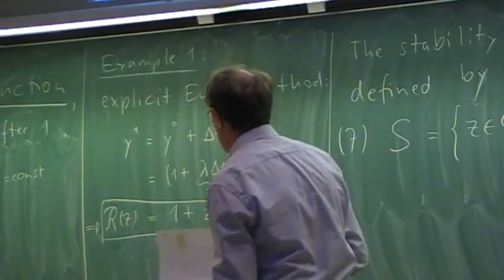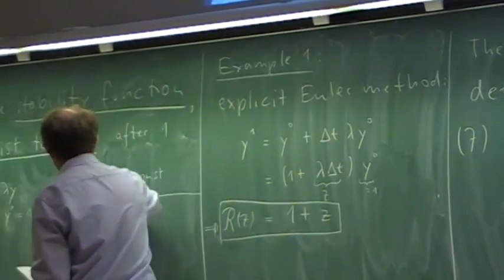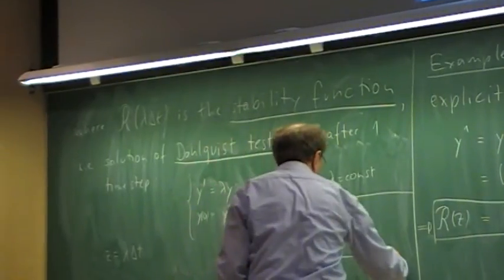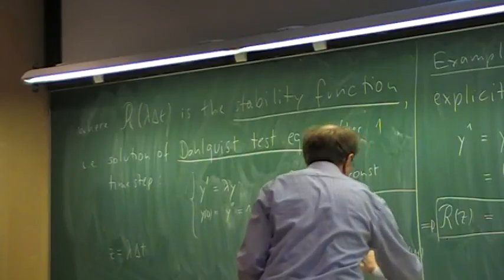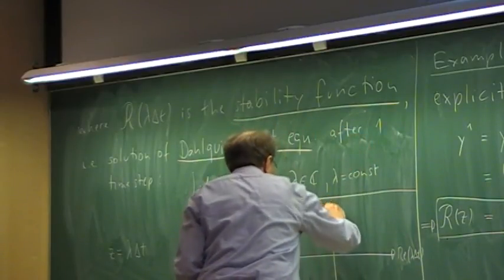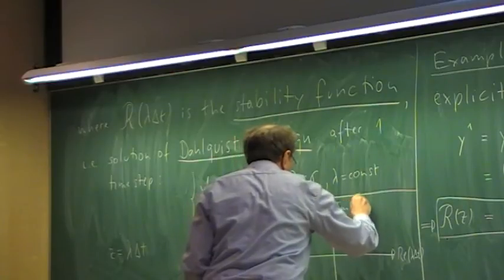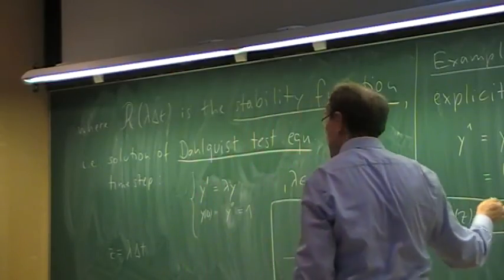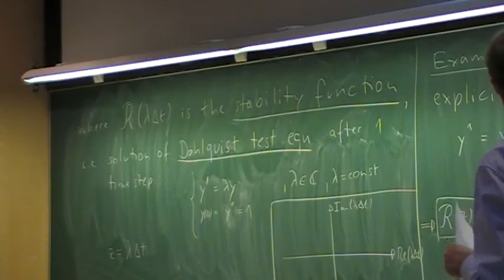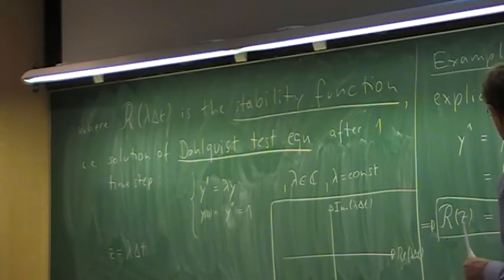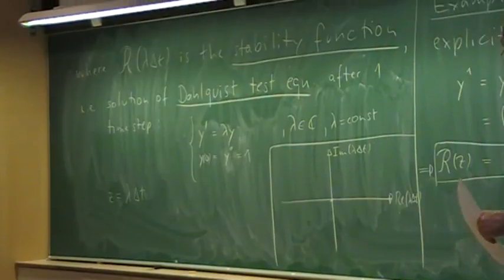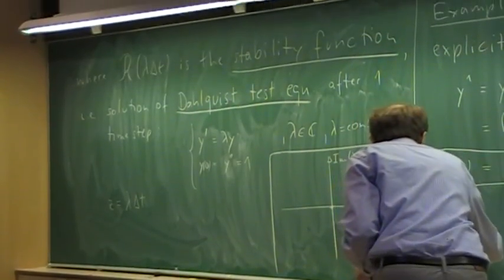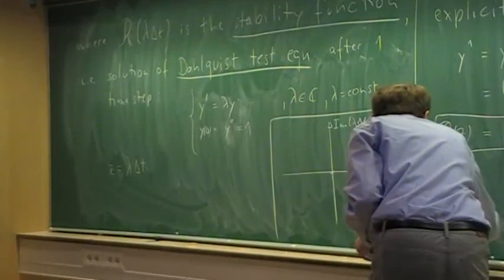So then we look into the real part of lambda delta t, and we look in the imaginary part of lambda delta t. So that is essentially the z. And then we can check, assume z is 0. So then we are here. For 0, 1.